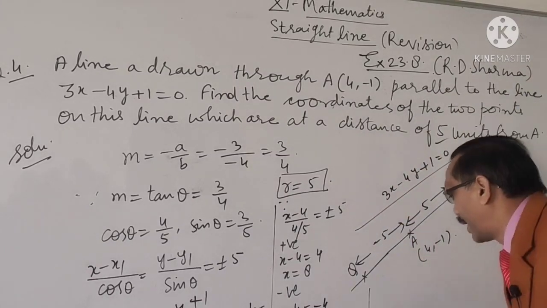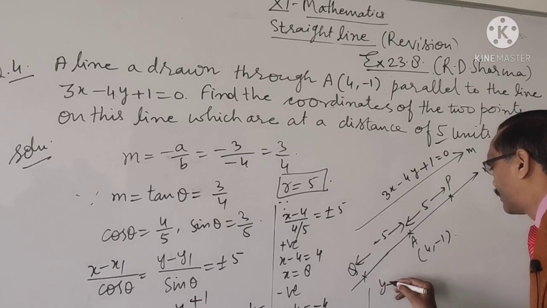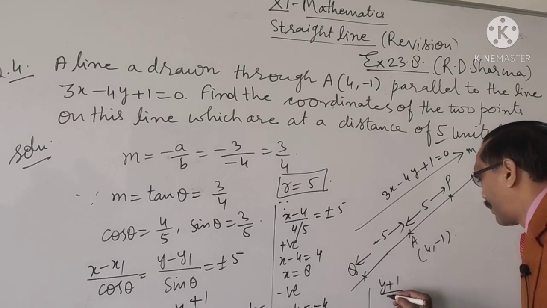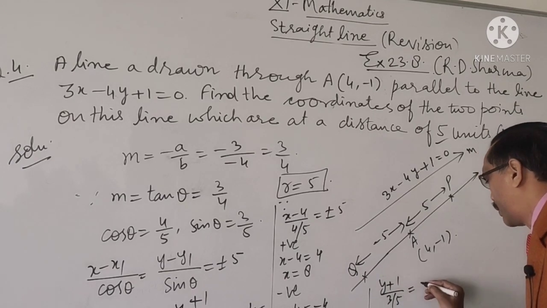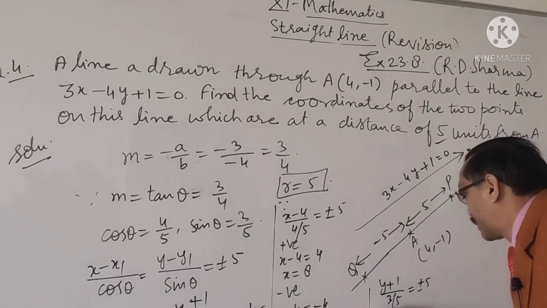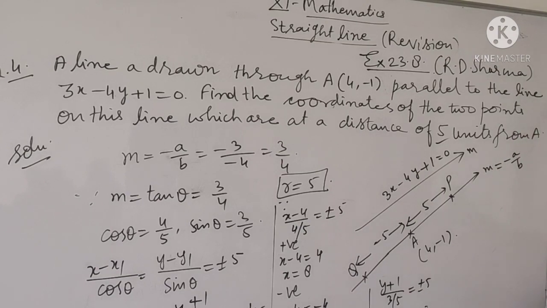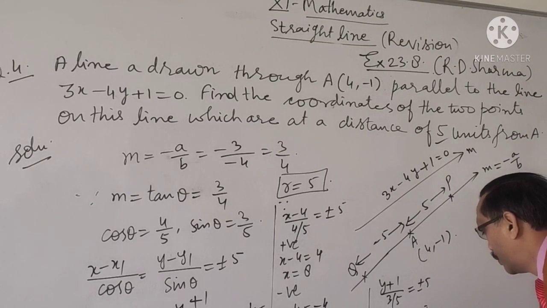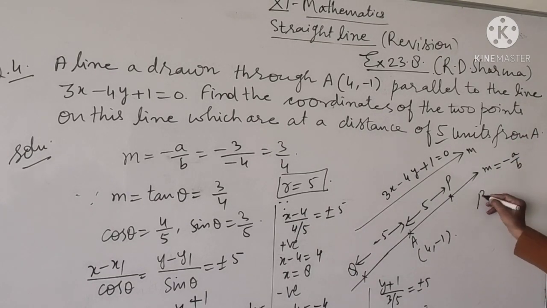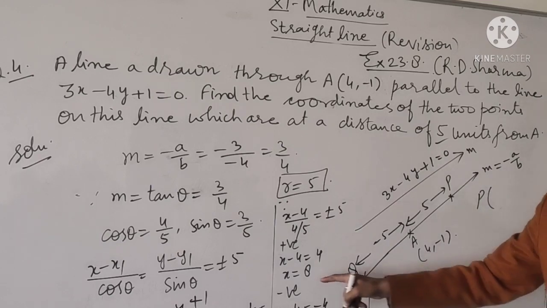Similarly, we will find the y. y plus 1 upon 3 by 5 equal to plus minus 5. Take positive value. Then y plus 1 equal to 3. Then y equal to 2. So one of the coordinate P equal to 8 comma 2.